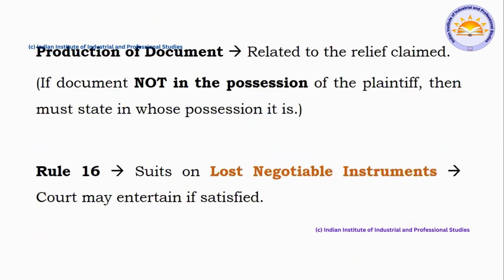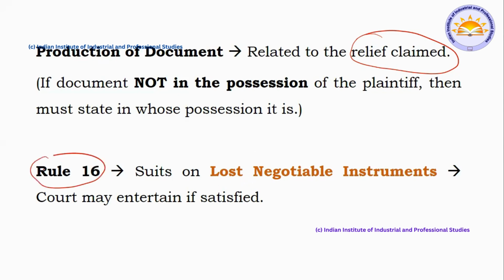Next, production of documents, as you can see on the screen. One second. Production of documents related to relief claimed. So they have to produce the relevant documents related to whatever claims they are making. Correct. Next, if it is a document which is a negotiable instrument, it is under rule 16.